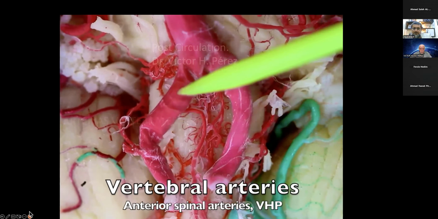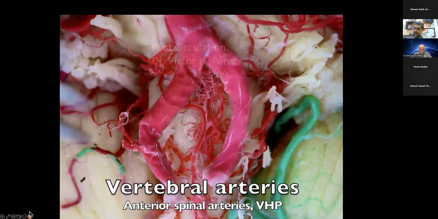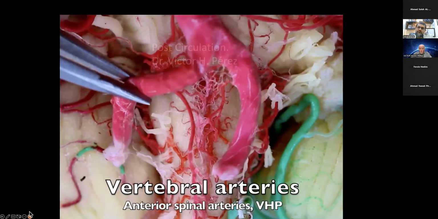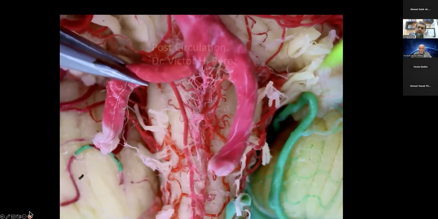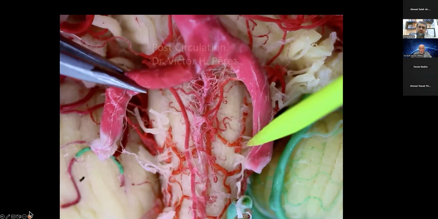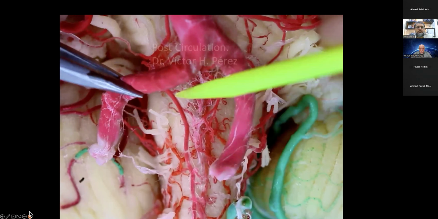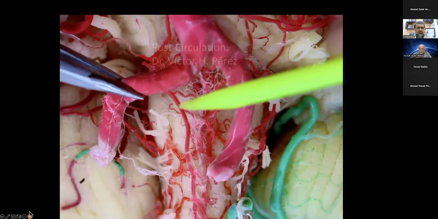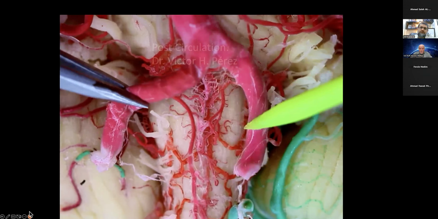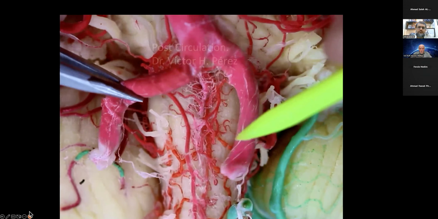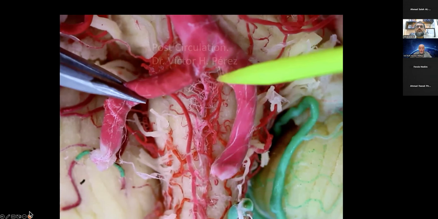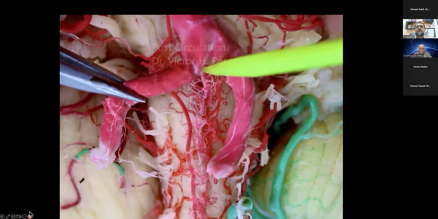So I want to repeat this dissection because I think this is one of the most important anatomical variations that we can see in this region, and we have to take care of this artery when we are going to remove a meningioma.